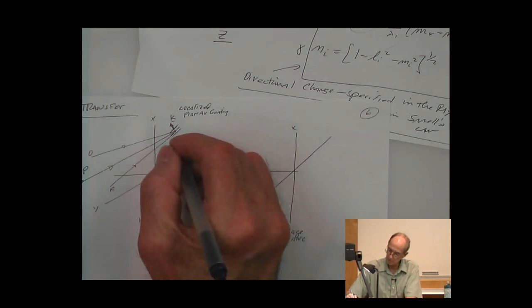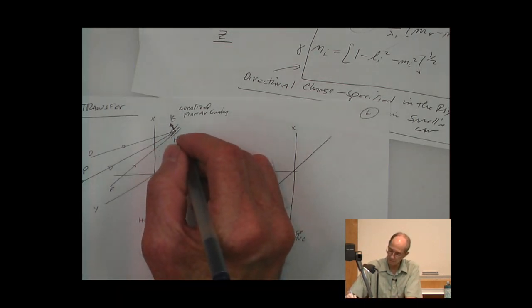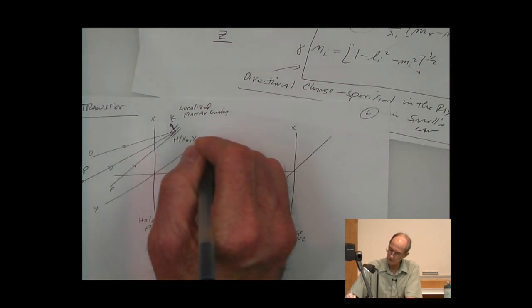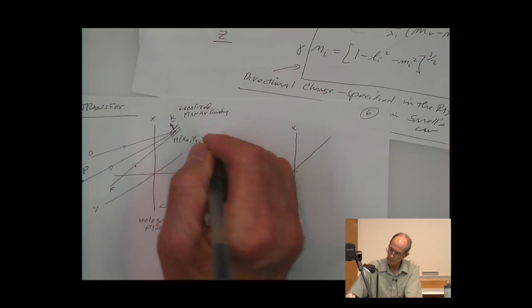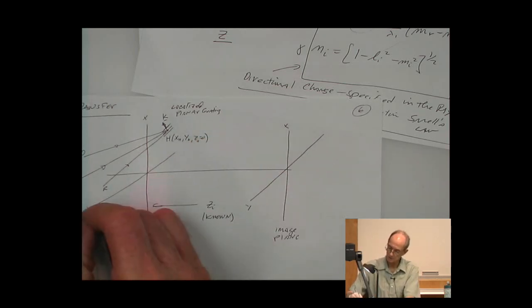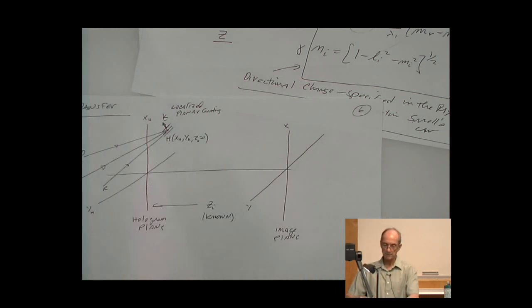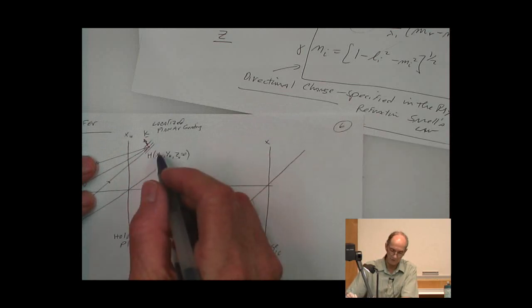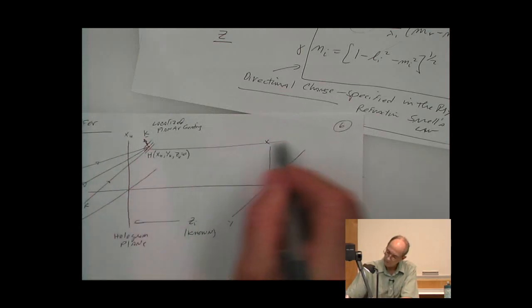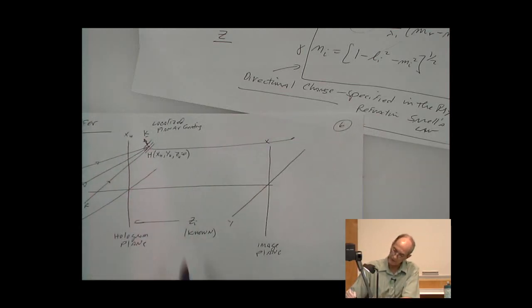So this is a point on the hologram, H of, we'll call that XH, YH, and we'll let Z equal 0 there, since we can reference it. So this is YH and XH coordinates there. And so the ray comes in, and then it diffracts out over here, over to some value.